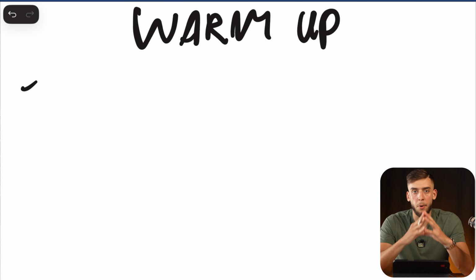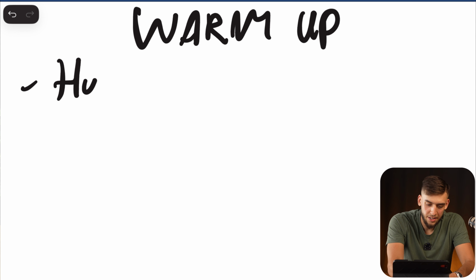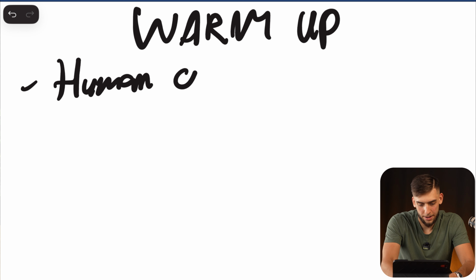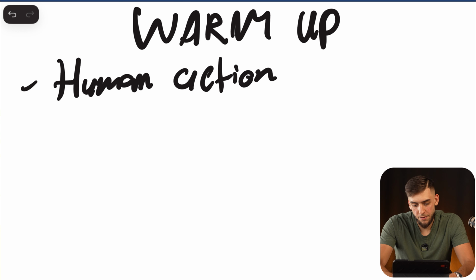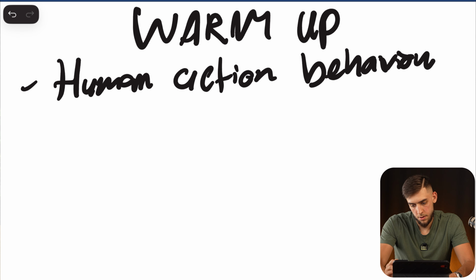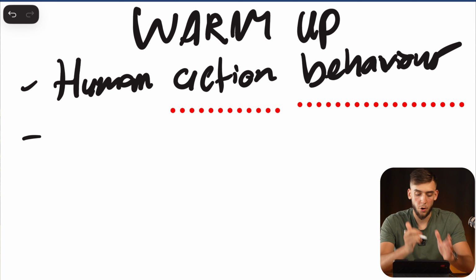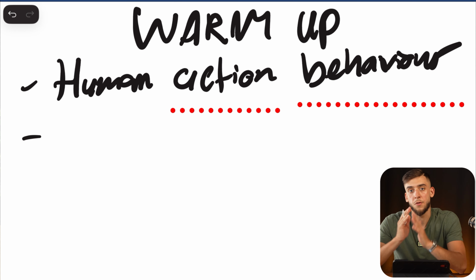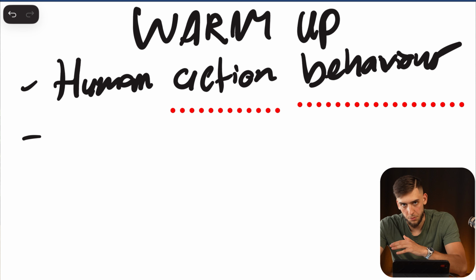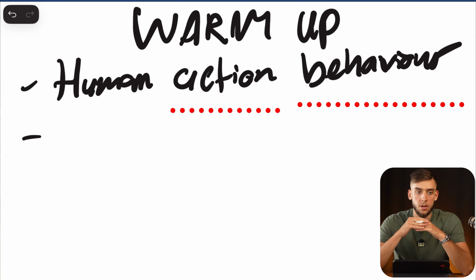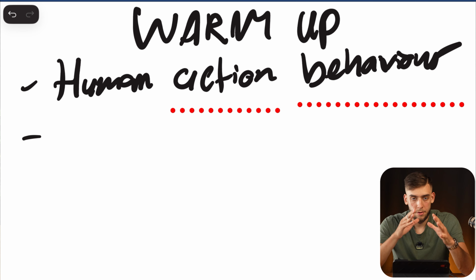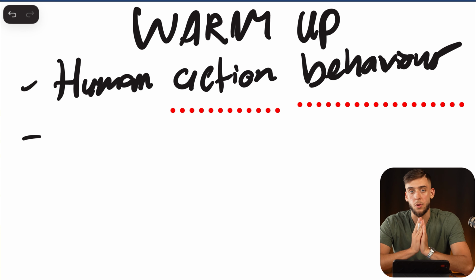What the most important element of this is, is human action behavior, right? And if this isn't done for at least 3 to 5 days before you start posting reels, you're either going to get banned, flagged, or your Instagram reels are just not going to pop off, okay?